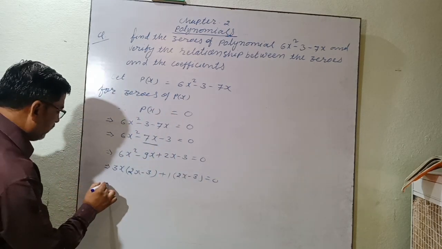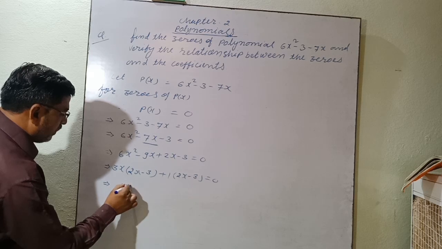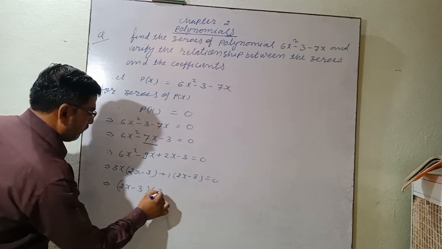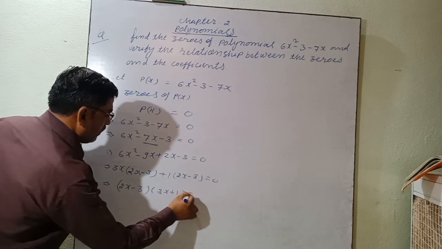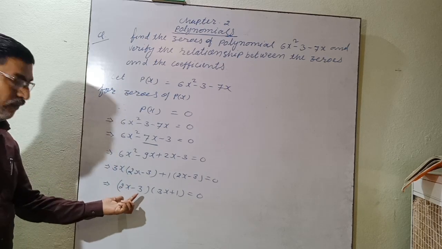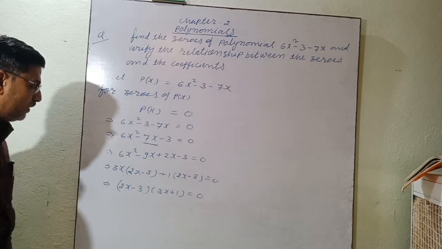So we get two factors, 2x minus 3 and 3x plus 1 equal to 0.